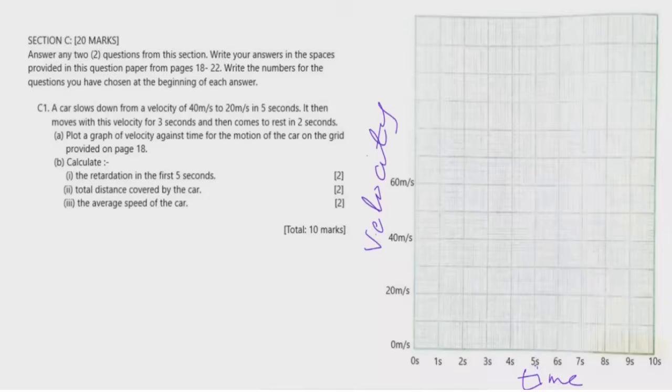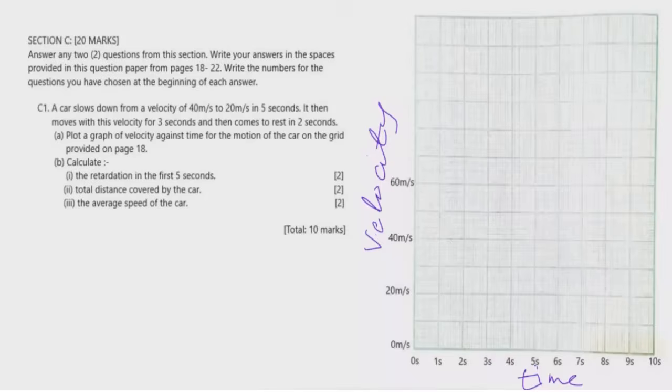Now when you come to the actual question, we are asked to plot the graph. Question 1A is asking us to plot a graph of velocity against time for the motion of the car on the grid provided. So let's plot the graph.